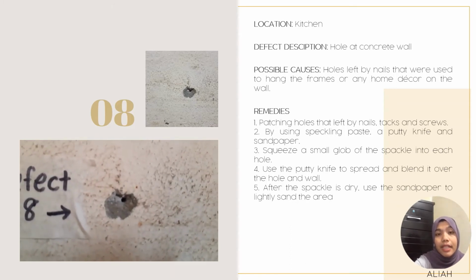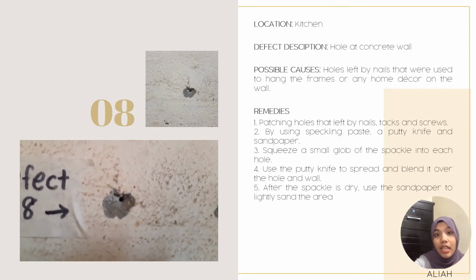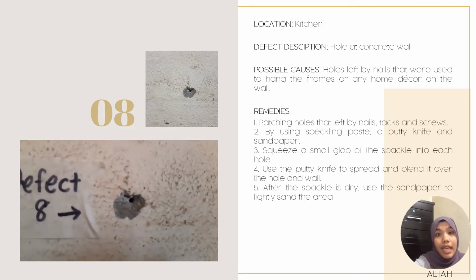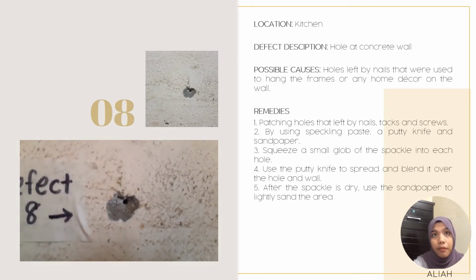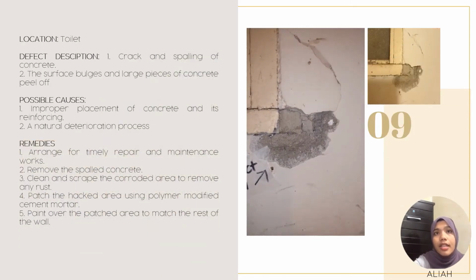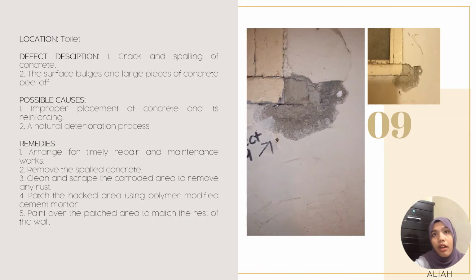After the spackle is dry, use the sandpaper to lightly sand the area, especially at the edges, to leave a smooth and flat wall.